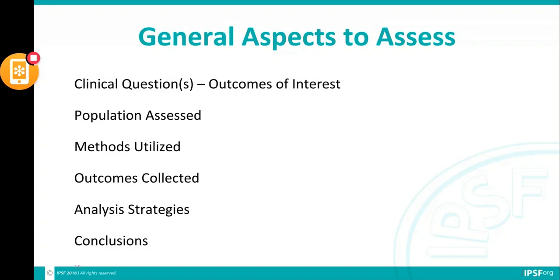And like we mentioned before, the conclusions, while it usually is a best case scenario, it might not always be. It might be a little sugar coated by the authors. It is a good thing to read and to see what they thought their limitations were, if they addressed those, what they thought their strengths were, and how they viewed their analysis of their data.